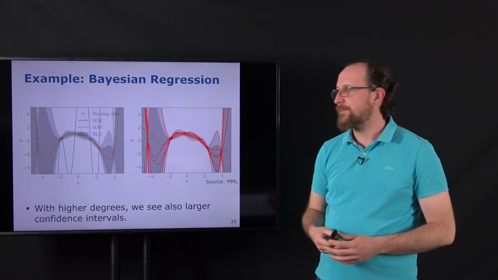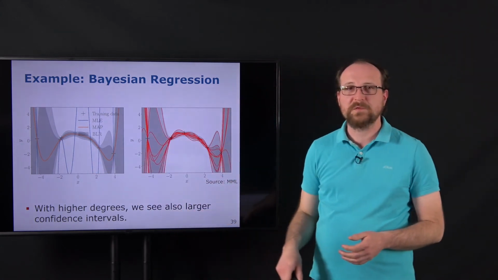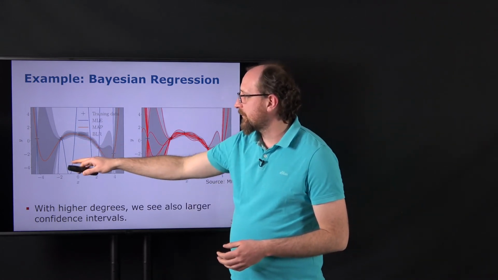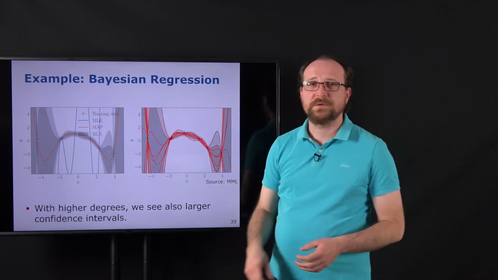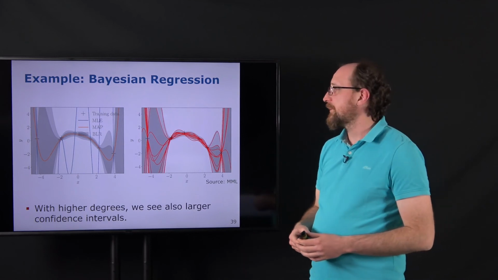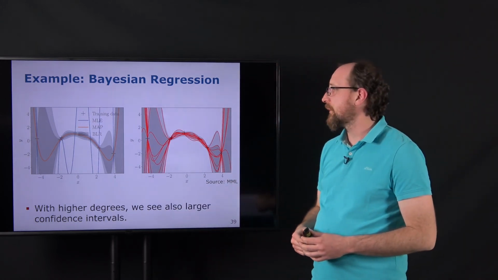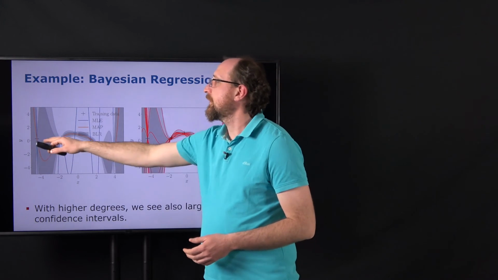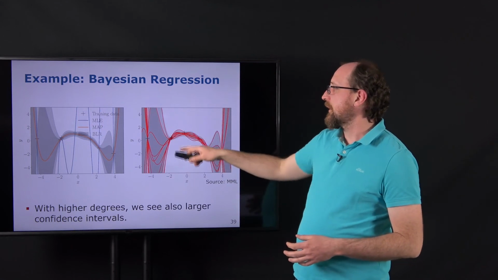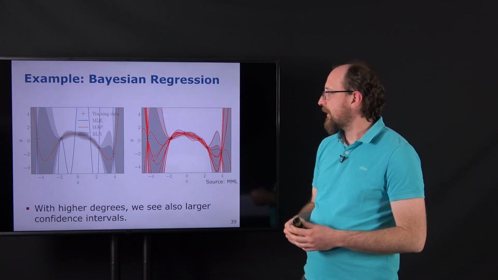And when we further increase the degree and give the functional representation even more freedom, you can see that the maximum likelihood estimate, as we saw, is heavily overfitting in this case. The maximum a posteriori estimate does a better job in between, so we are not getting these excessive values. But what the Bayesian approach also gives you is that the confidence intervals are growing much more. That tells you, for instance, in this region, that you are very uncertain what happens in between, because you can have very different shapes of the estimated function there.